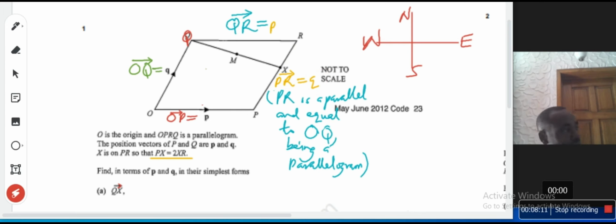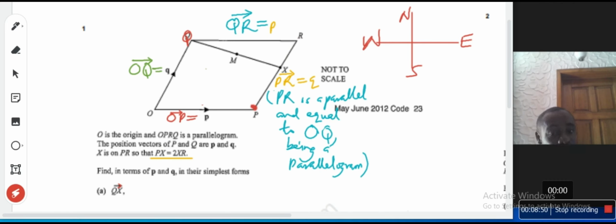I just told you that X is on PR so that PX is 2XR. What does that mean? P to X is double of X to R. Read this last sentence: X is on PR so that PX is equal to 2XR.